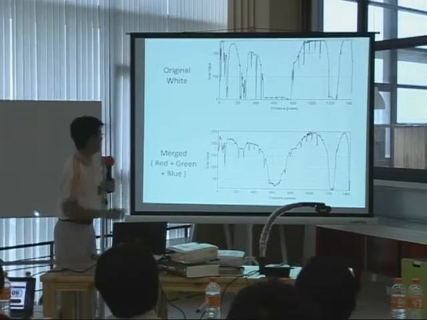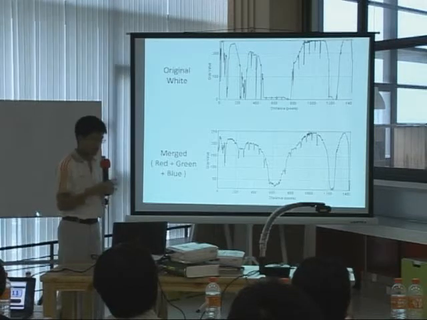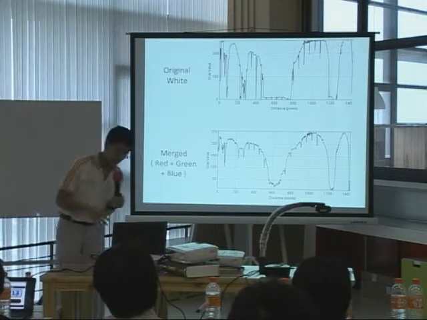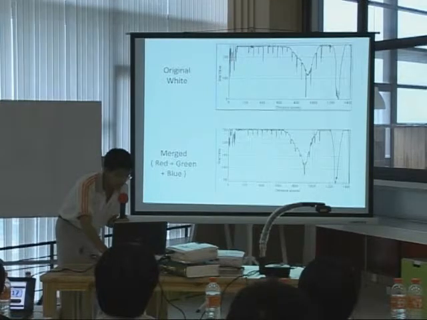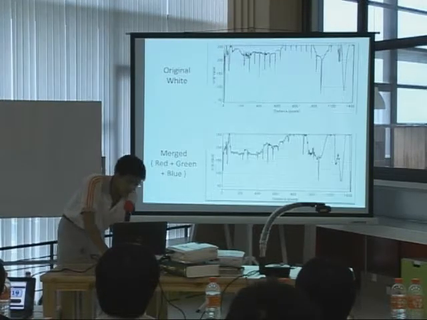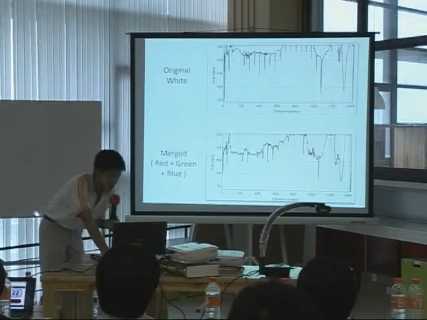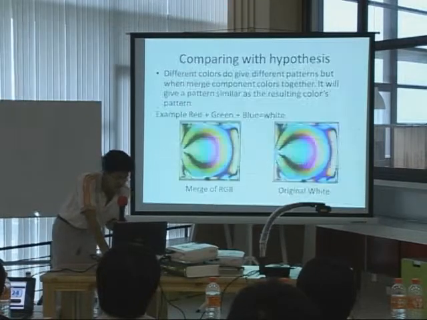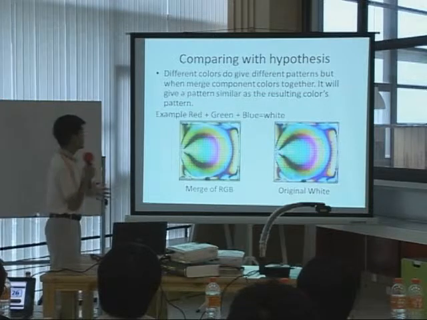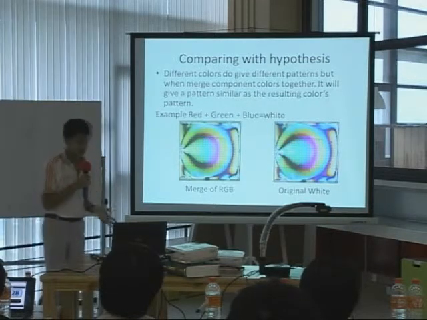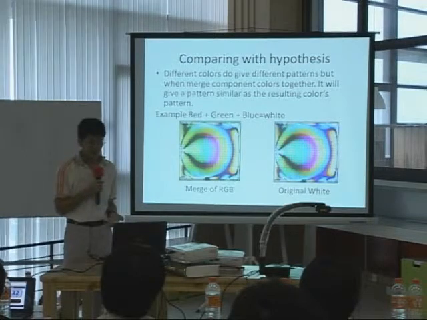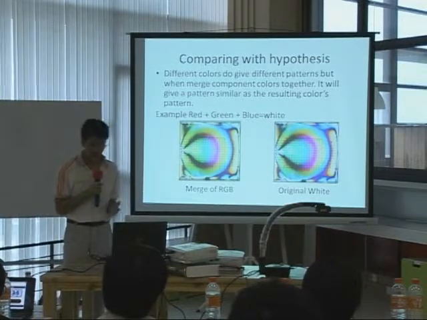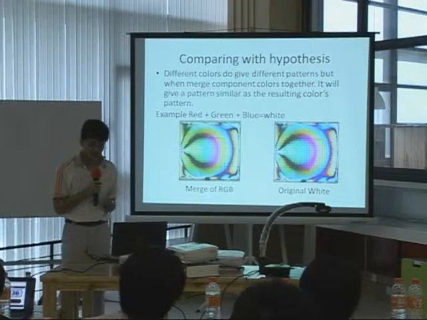This is the graph of the intensity of the red component. And this is the green compared with the original white and merged one. And this is the blue component. Yes, different colors do give different patterns, but when merged together, they give a pattern similar to the resulting color's pattern, such as red plus green plus blue equals white.